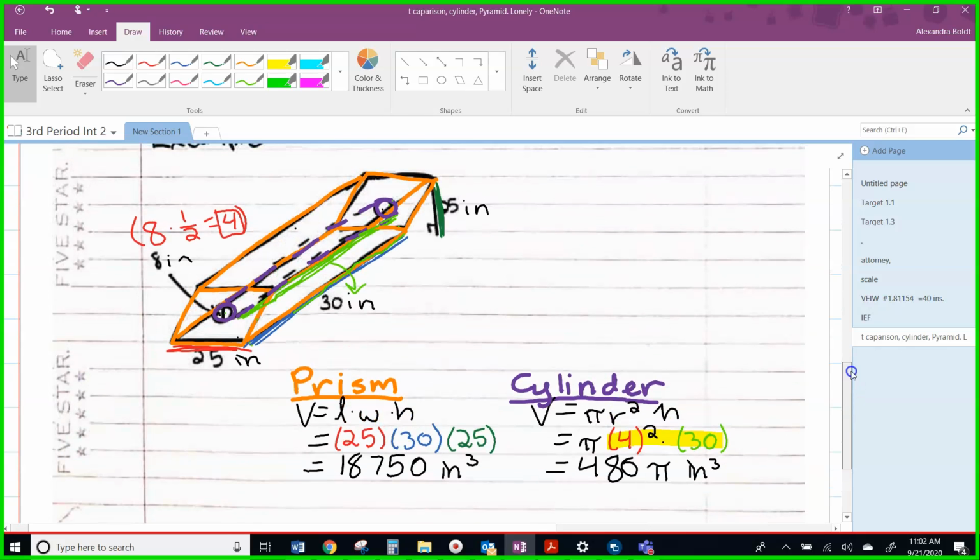So now that we have our two separate volumes, the volume of our prism and the volume of our cylinder, I want to know how I'm going to combine these. Okay, again, adding or subtracting are both possible ways. So in our top one we added, right? There was one on top of the other. If you look here, our cylinder is inside our prism.